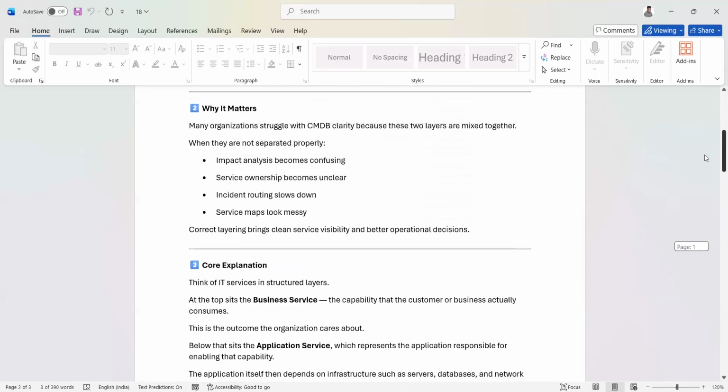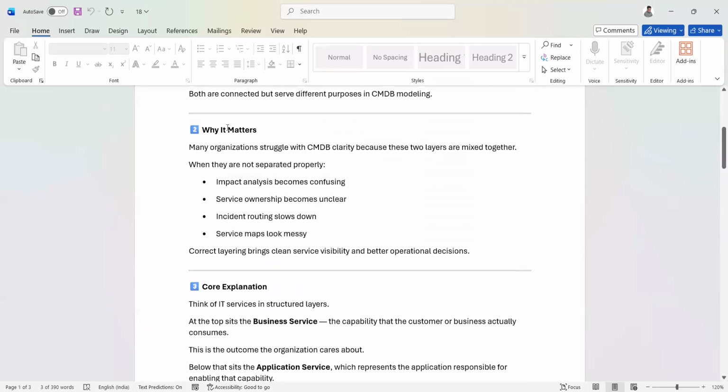Now let's move to the second part, which is why it is important. This distinction is very important with respect to CMDB. Many organizations struggle with CMDB clarity because these two layers are mixed up. Mostly people confuse business service and application service, and this confusion leads to various issues.